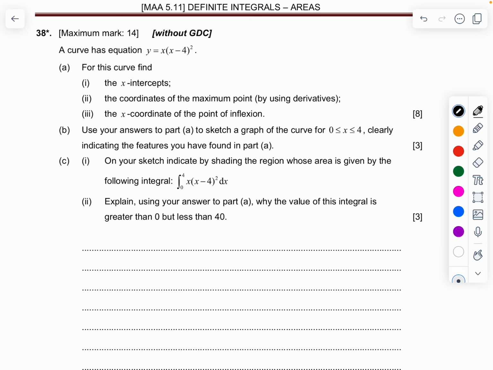Find the x-intercepts. By using the calculator you can find it out, or you know that x equals 0, x equals 4. Maximum and minimum points are found by using derivatives, without a calculator. So x equals 0 and x equals 4 are going to be the x-intercepts.